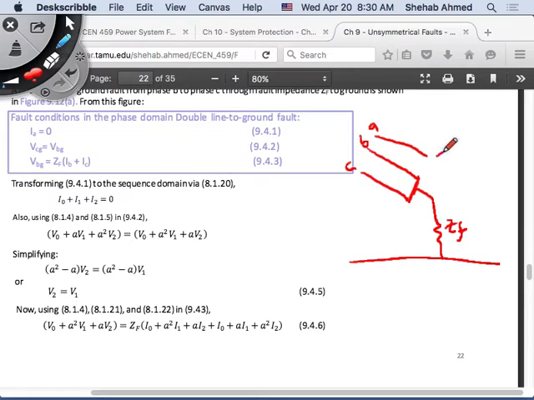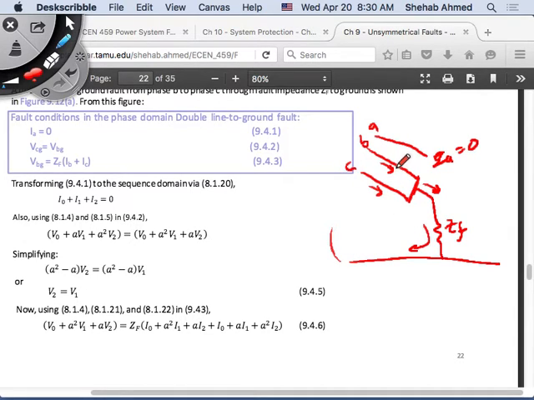Phase A, IA is equal to 0. IB plus IC is what's going to be flowing in the fault impedance, right? So the current will flow from IB plus IC. They will flow to the fault impedance into the ground and back to the neutral of the star, for example, right?